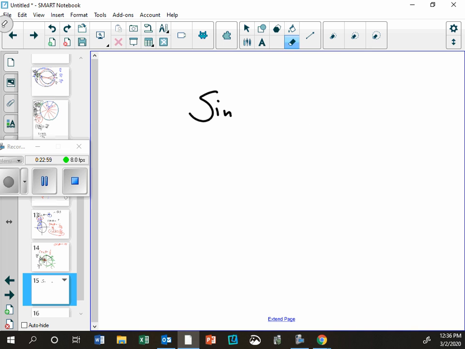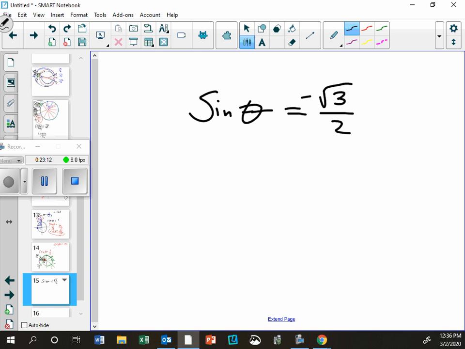I'm going to do sine of the angle is, let's make up one that's typical. Negative root 3 over 2. There. Then, if I give you this hint, I'm telling you what quadrant it's in. Tangent of the angle is less than 0. Then, what's cosine of the angle?